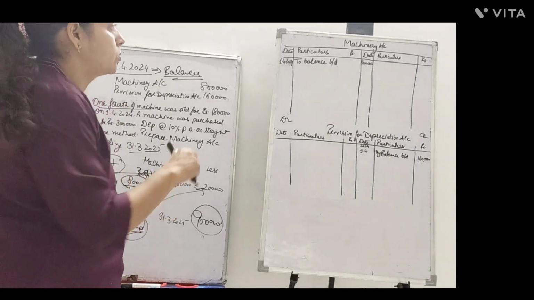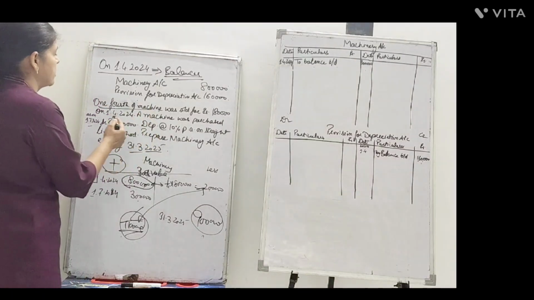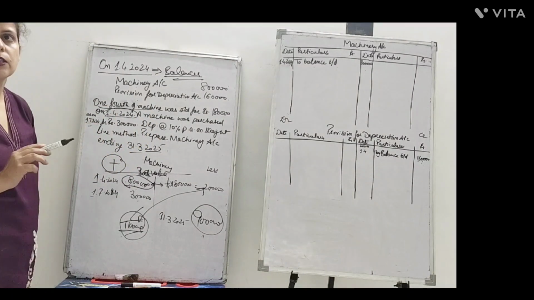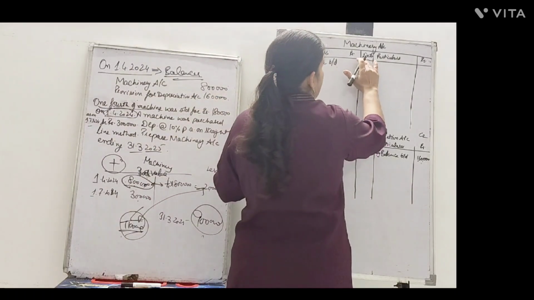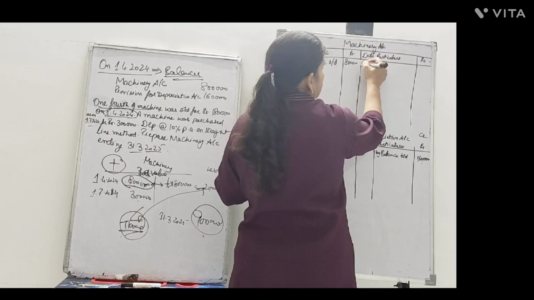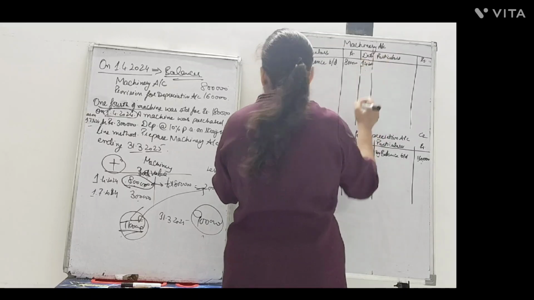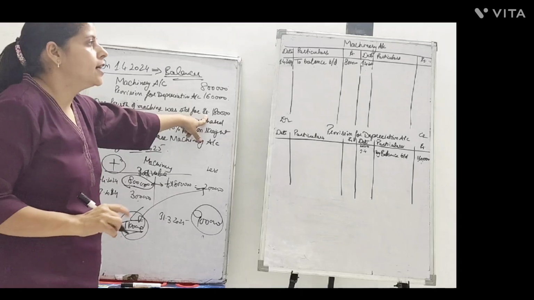Now let's see what changes we have to make here. First of all, he says 1/4 of the machinery was sold on 1st of April 2024. So the sale of the machine was for rupees 1,80,000.